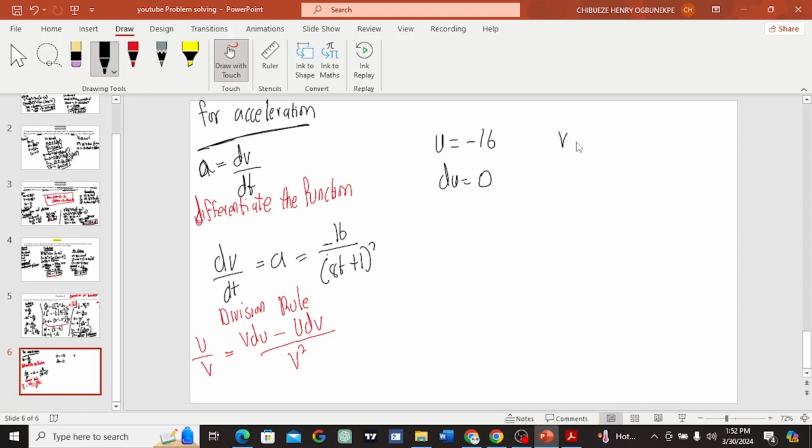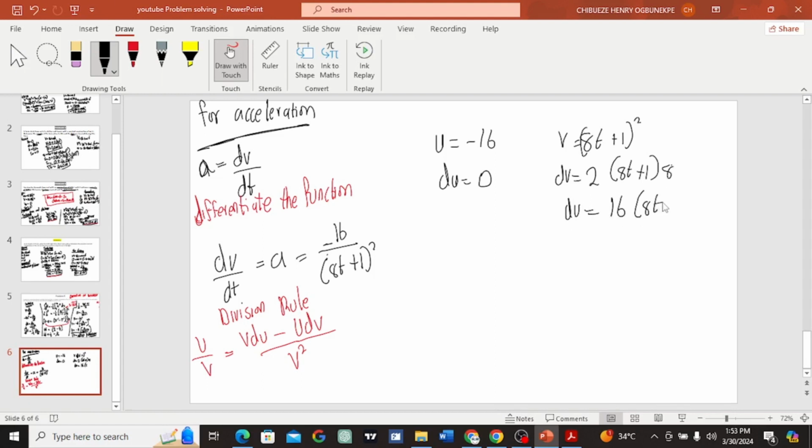Our v here is 8t plus 1 raised to the power 2, and dv is 2 open bracket 8t plus 1 multiplied by 8, by applying the chain rule.